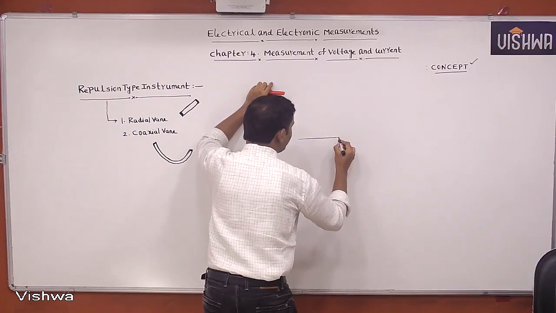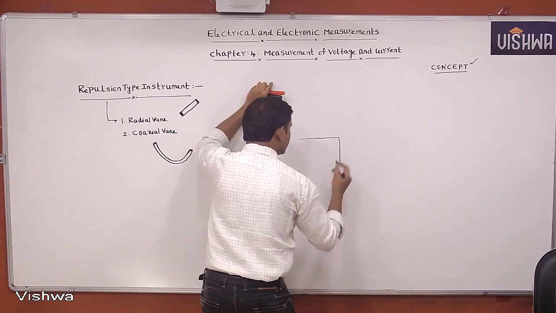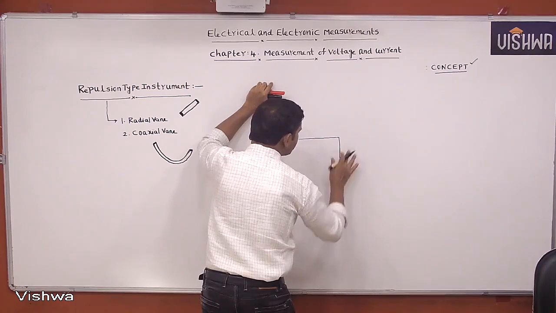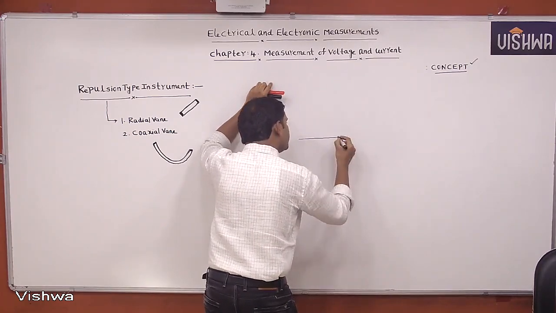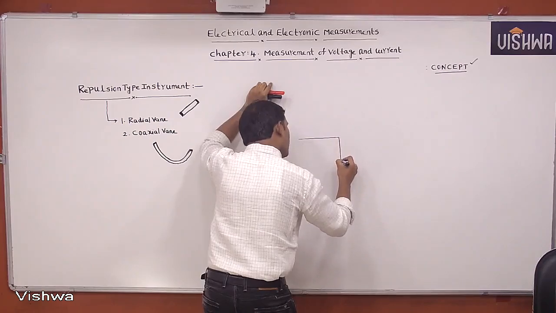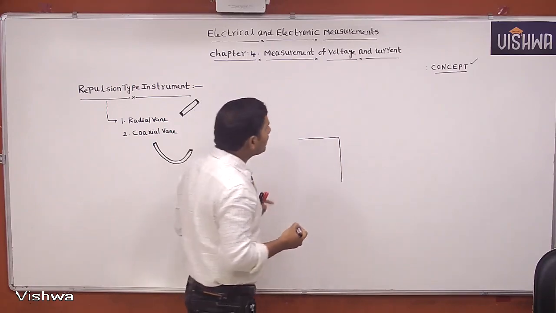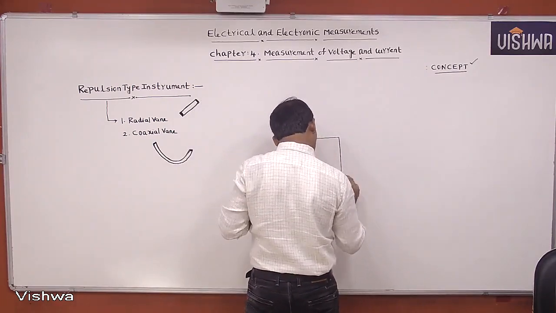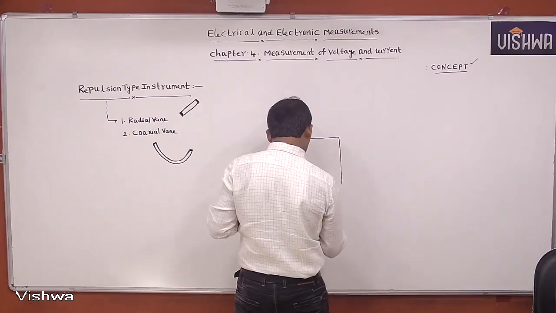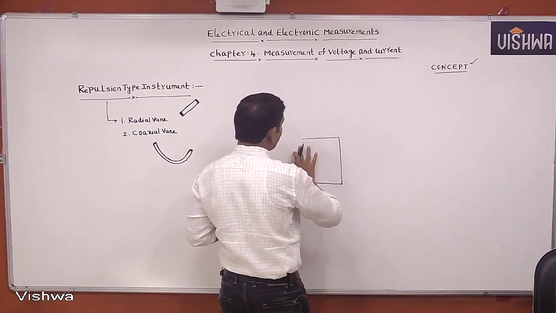But the shape of the electromagnet is different; we can use an I-shaped magnet. You saw that in the attraction type instrument, the shape of the magnet is H-shaped. Here we are using an I-shaped magnet.